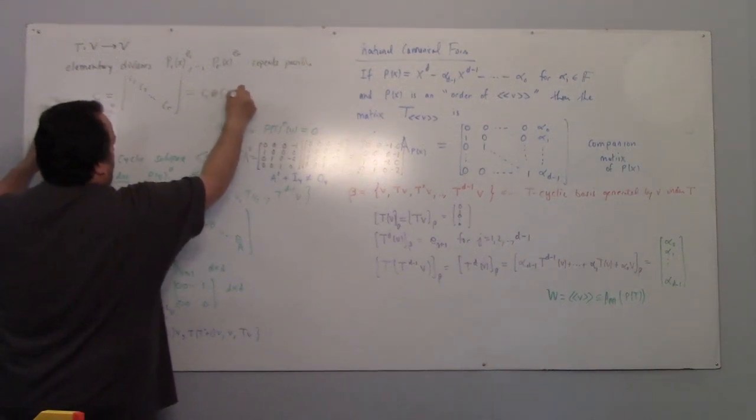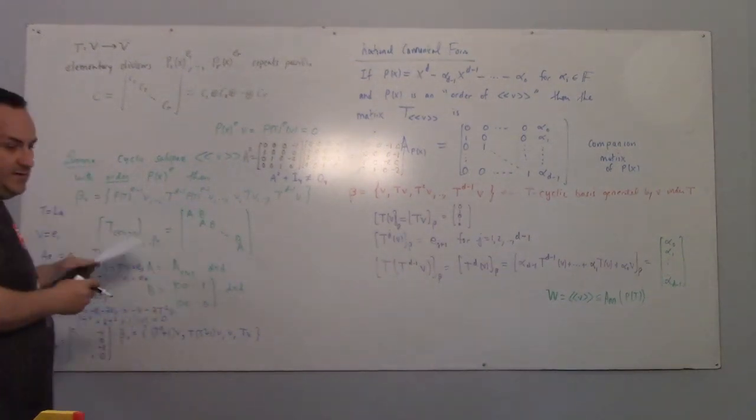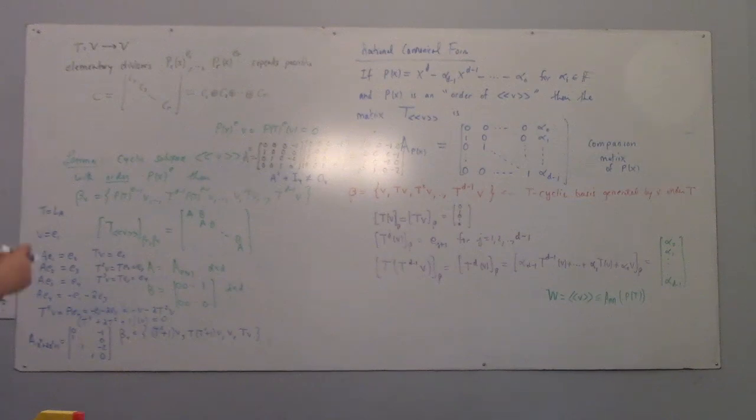So it's a block diagonal decomposition of the matrix, where each block is the companion matrix of these repeated prime factors. This is Curtis's way of doing it.